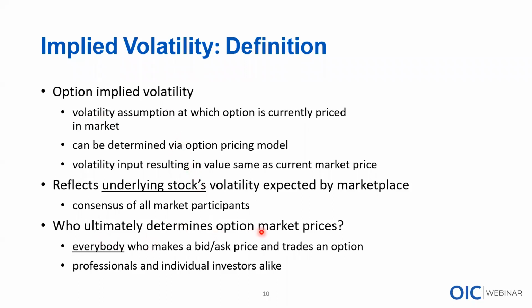Ultimately, options prices are determined by anybody and everybody that is putting in bids and offers. Theoretical values and hypothetical values have their place, and they help some trading firms and some investors who have an opinion on where volatility should be. They help them interpret what a fair market value for the option should be, but ultimately every market participant, that's you, me, banks, institutions, everybody is going to drive an options price.